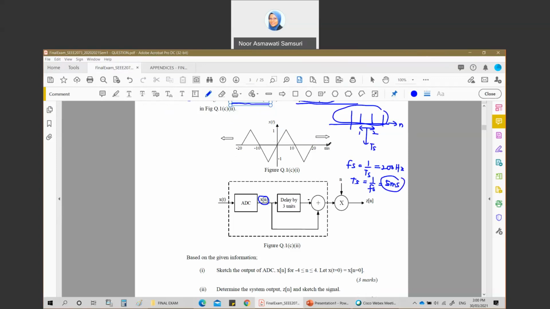Look at this unit, it's millisecond. So every 5 milliseconds, there will be a discrete signal, a discrete function. Okay, so here is 5 milliseconds. Okay, you have another one. You have another, and so on. Okay, but the discrete signal varies from -4 to 4. Right, same goes to the negative side.